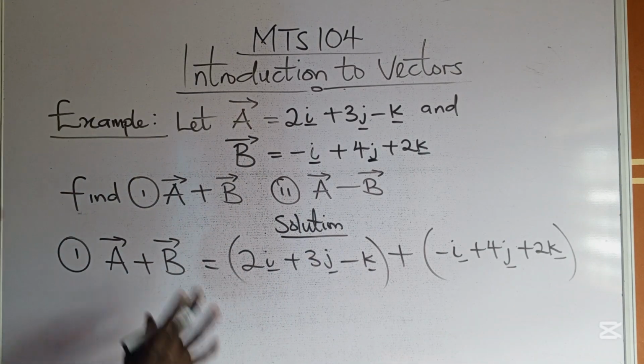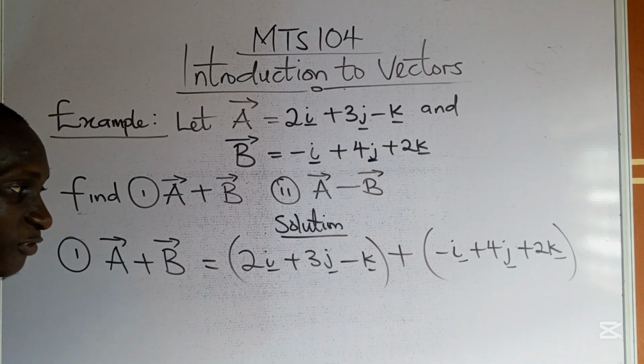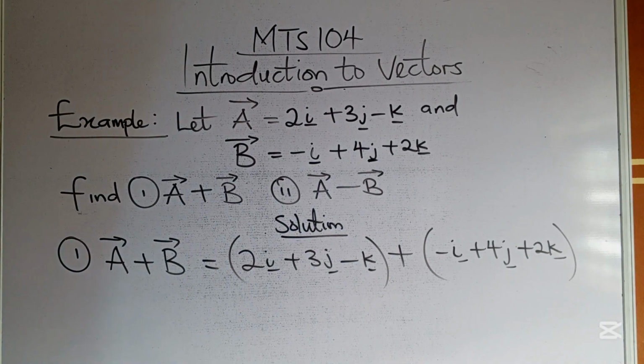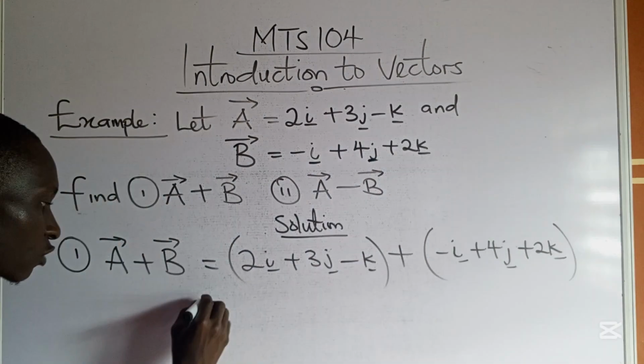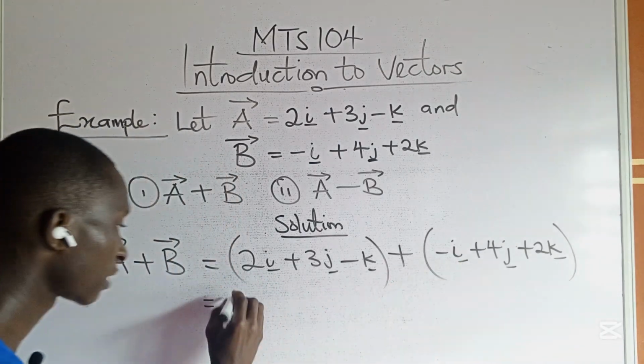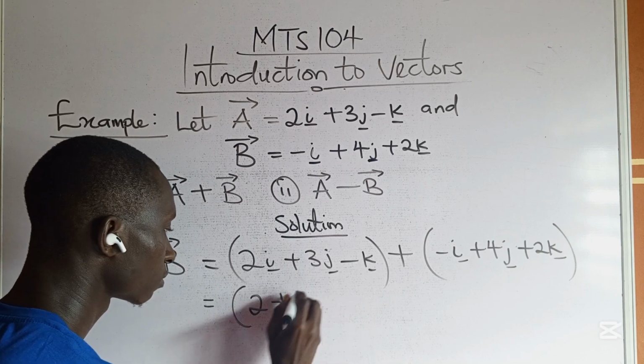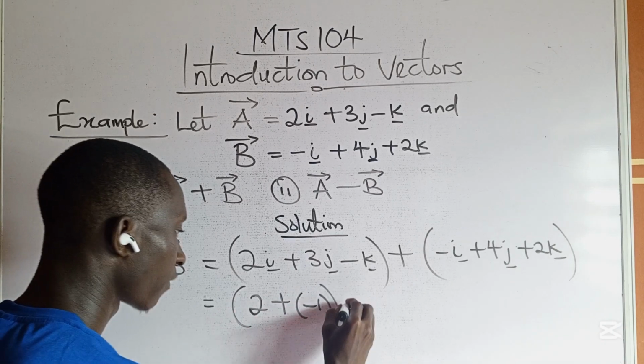Now, from the first illustration that I explained on how to add and subtract, I told you that you are to add up like components together. So that means for i, we have 2 here and you have minus 1. Don't forget this is minus 1. That becomes 2 plus minus 1. That is for i.